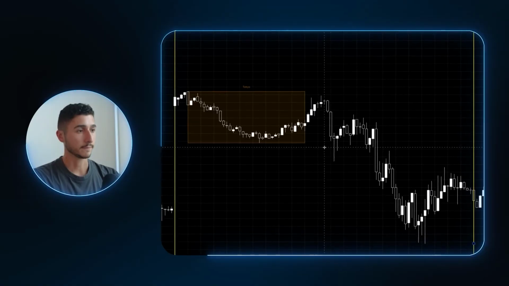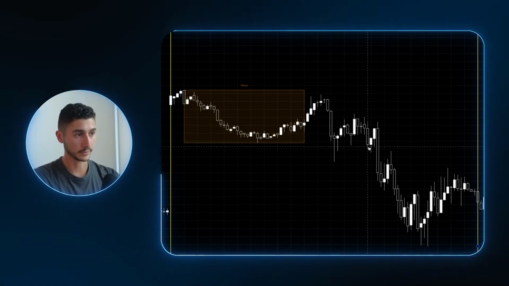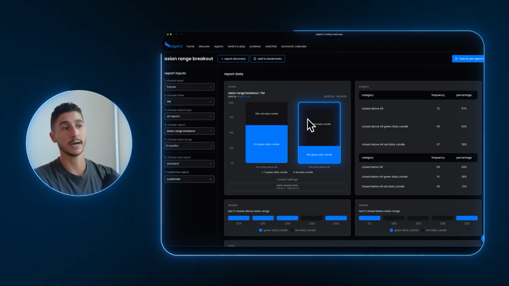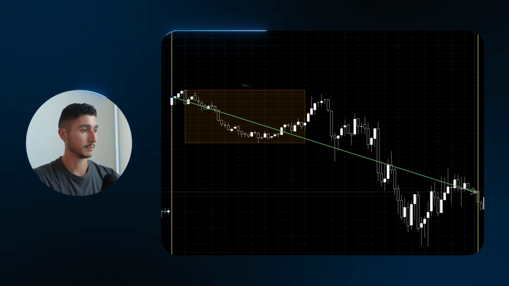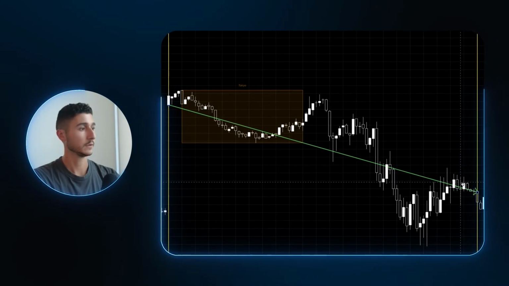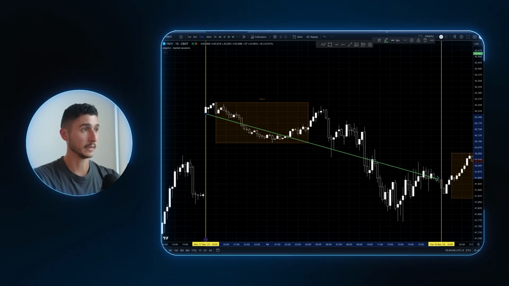And you can see the first candle to close outside of the range was right over here, this one here. So this is to the downside, obviously. And once that happens, 72% of the time the day has closed red. And obviously in this case, not exactly, but ballpark, the day has closed red here.